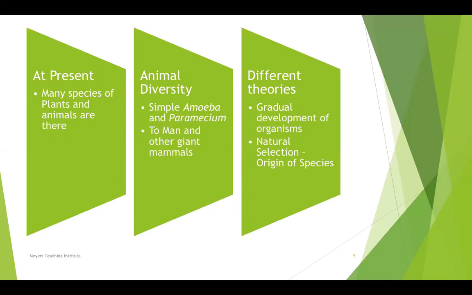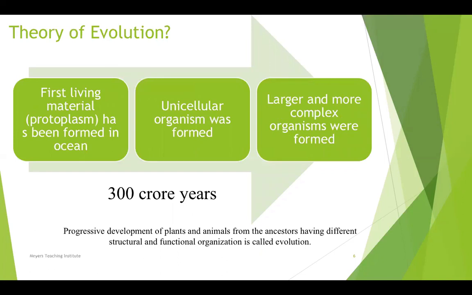Humans have shown curiosity about the origin of life, and as a result, different theories have come into play. Some of them are the gradual development of organisms and natural selection, given by Darwin's theory, which he wrote in the book Origin of Species. As the theory of evolution goes, the first living material, the protoplasm, was formed in the ocean.